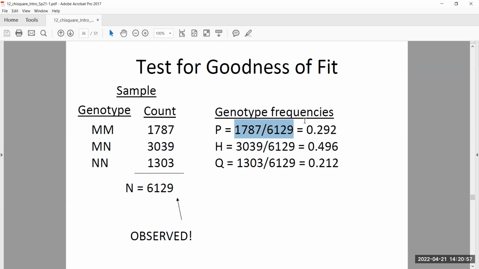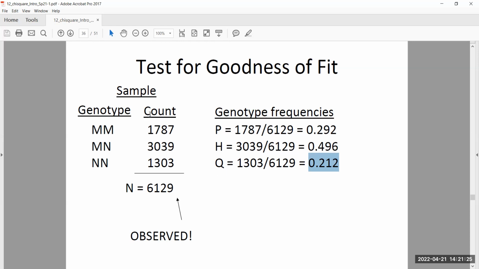So out of our three genotypes, we're going to get 0.292 as the genotype frequency of the big M genotype, 0.496 as the genotype frequency of the big M N genotype, and 0.212 as the genotype frequency of the big N genotype.